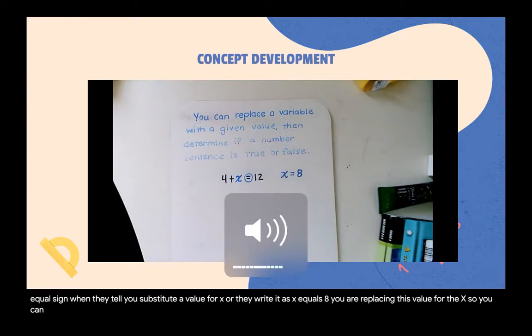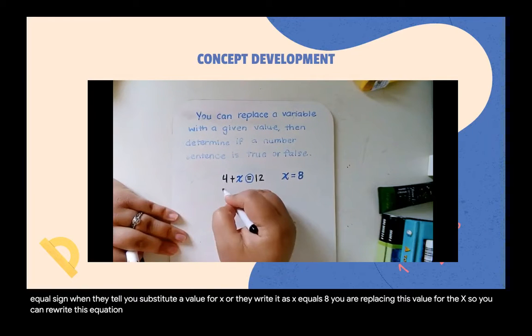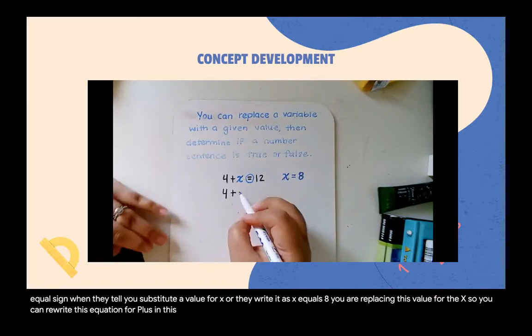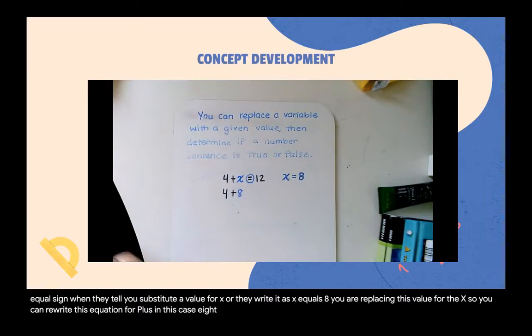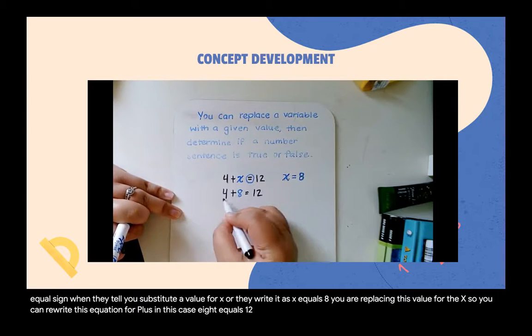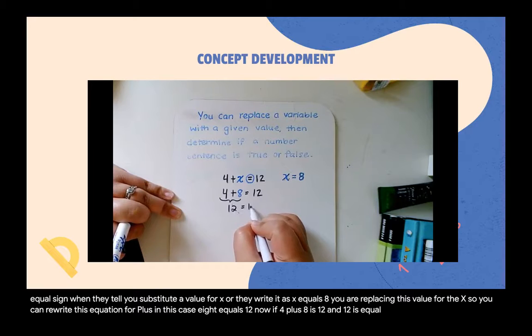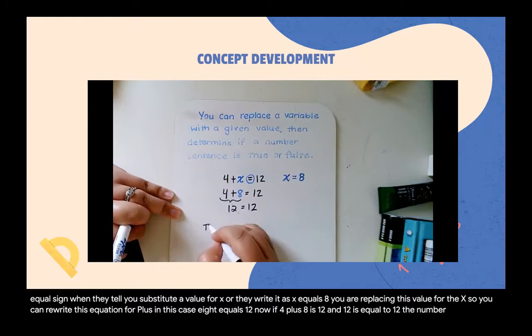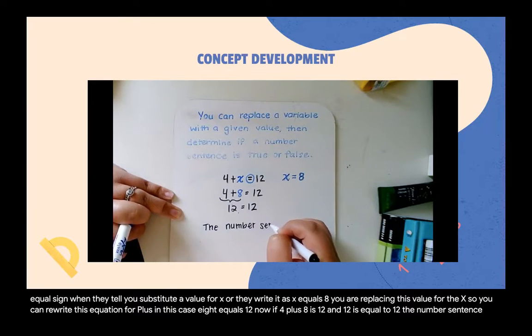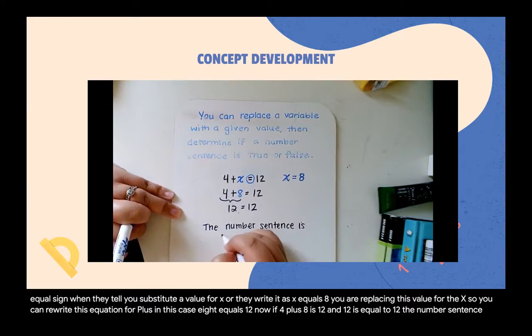So you can rewrite this equation. 4 plus, in this case, 8 equals 12. Now, if 4 plus 8 is 12 and 12 is equal to 12, the number sentence is true.